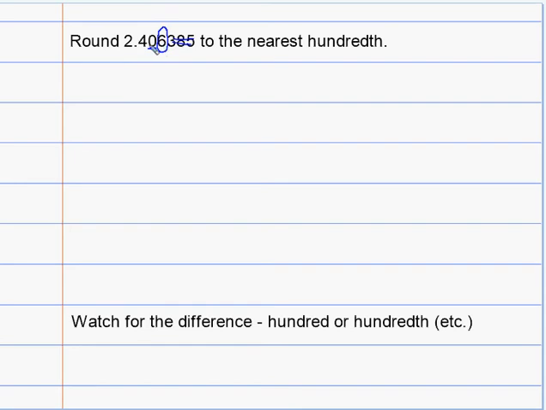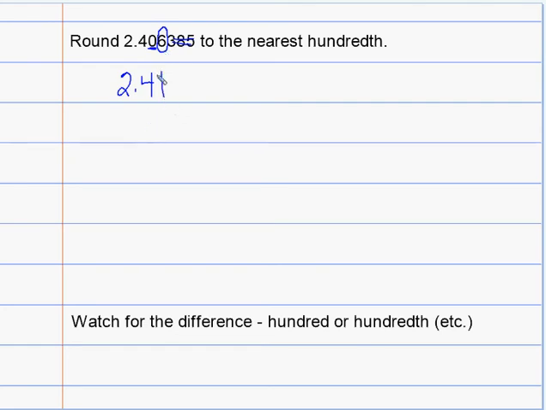And based on the 6, does the 0 stay a 0 or does it become a 1? And remember, if this number is 5 or greater, we're going to bump it up. So we would write this number as 2.4, and then the 0 becomes a 1, and then that's it.